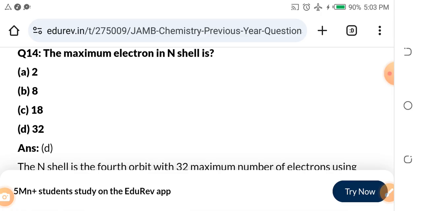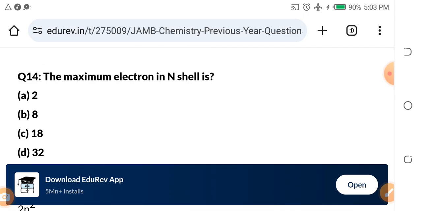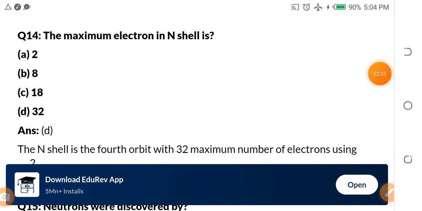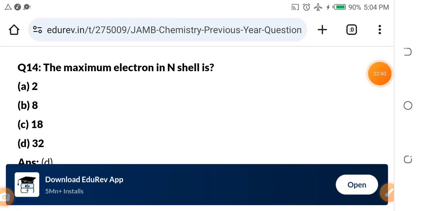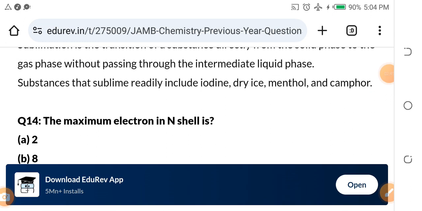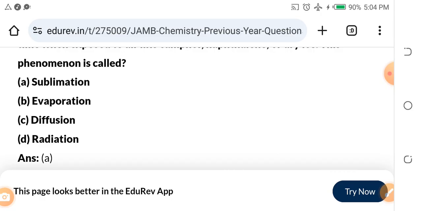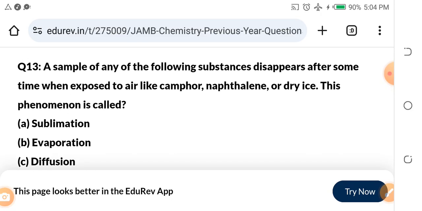You come to the 1st one, tell me the name of the shell and the maximum number of electrons, the 2nd one and the 3rd one. That is your first assignment. The reason is that the JAMB question may not be exactly the way this one is. They may choose another kind of shell for you.